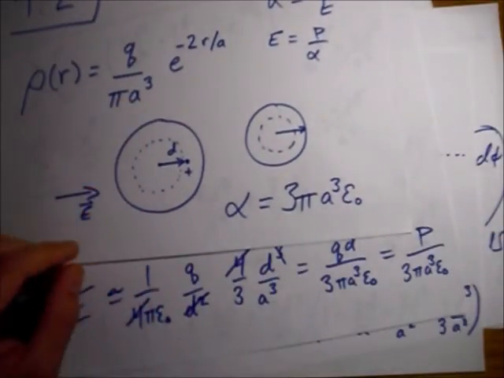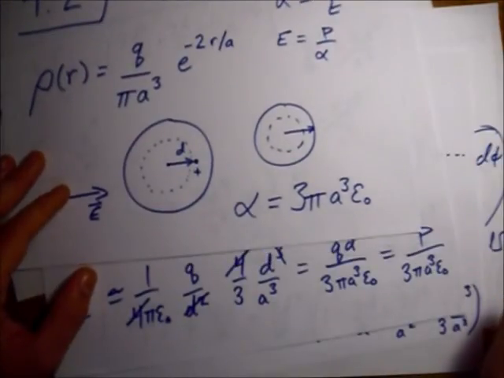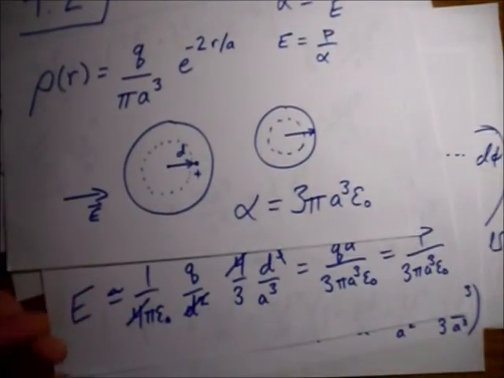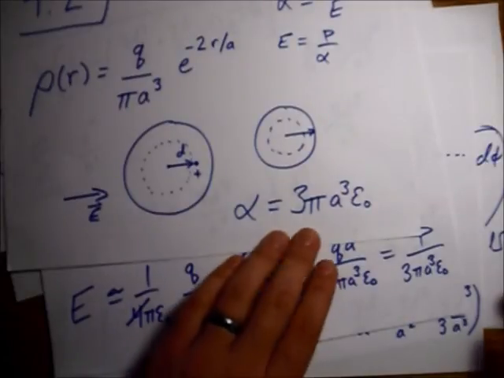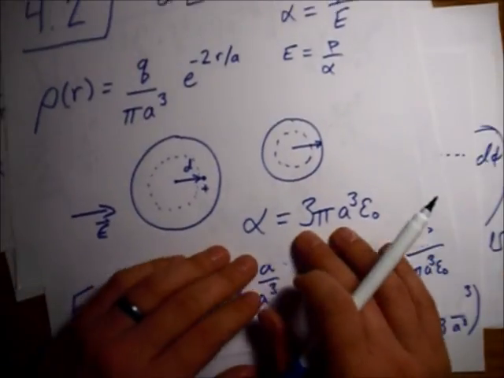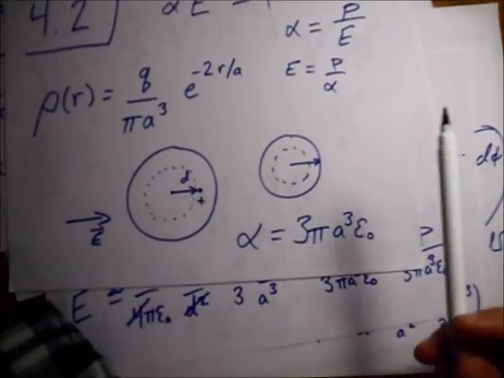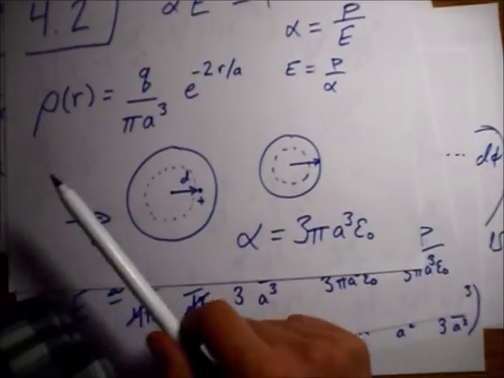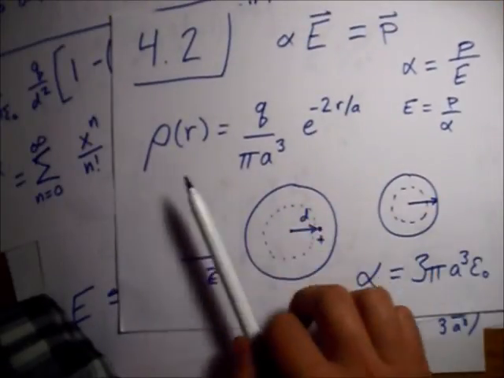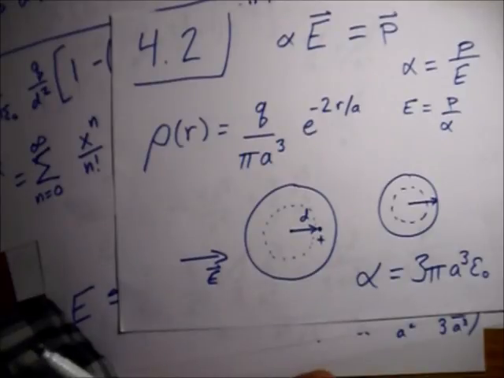Okay, and you can compare that to example 4.1. Let me see if I can grab that real quick. Yeah, so that example just has a 4 here instead of the 3. All right, so if we were to use a uniformly charged sphere rather than the actual charge density of the 1s orbital in hydrogen, we'd get a 4 here instead.